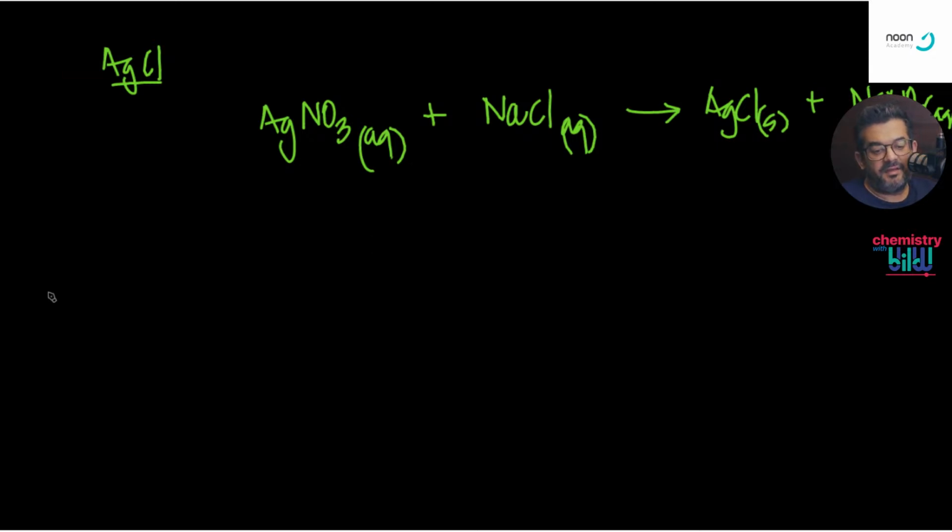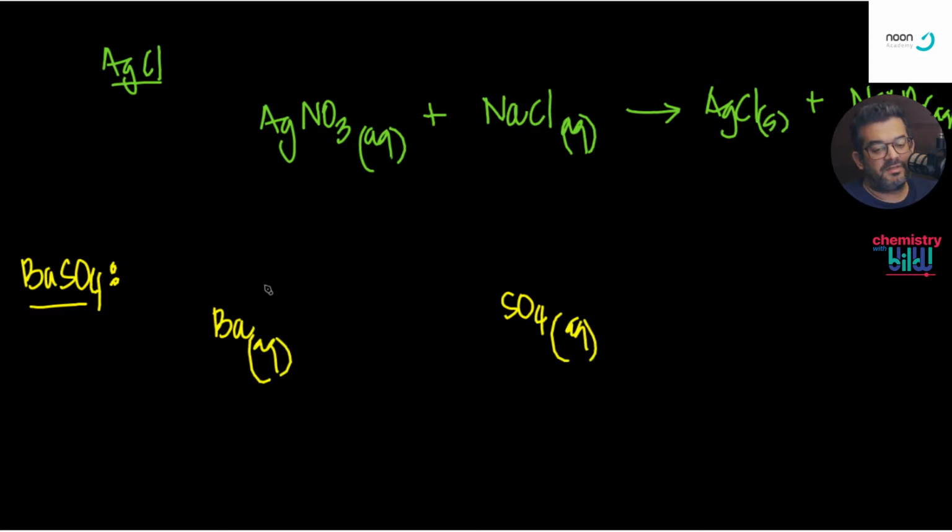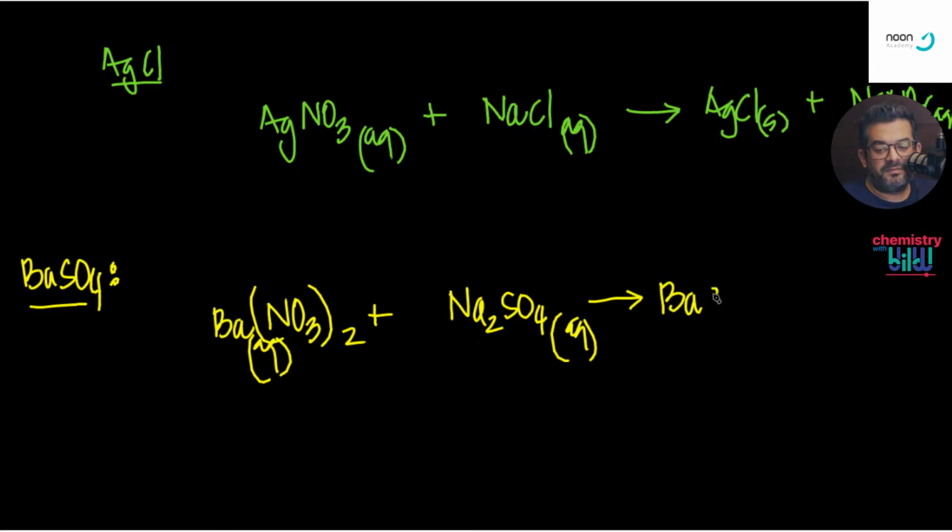If I want to make barium sulfate, you find a barium solution and a sulfate solution, aqueous. The trick is, since all nitrates are aqueous, use barium nitrate. And if all group 1s are aqueous, use the sodium salt of that. Because they will always stay aqueous, they won't trouble you. So barium sulfate and sodium nitrate are formed.